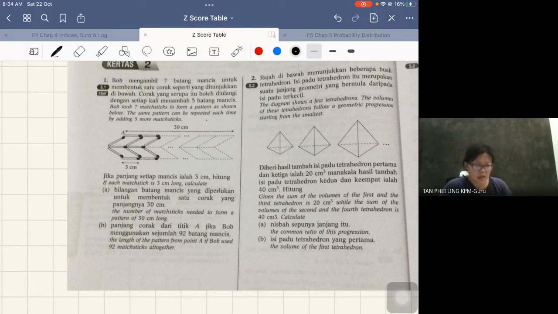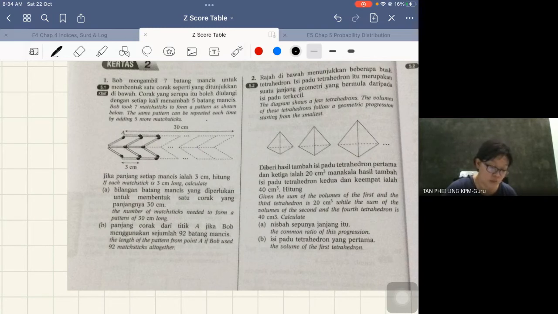Bob took 7 matchsticks to form a pattern as shown. The same pattern can be repeated each time by adding 5 more. If each matchstick is 3 cm long, now you have to calculate the number of matchsticks needed to form a pattern of 30 cm long.